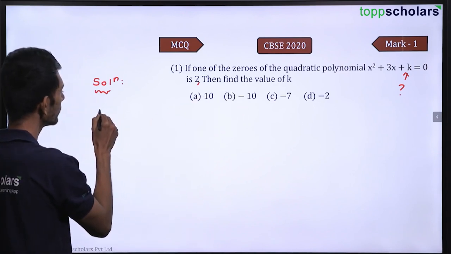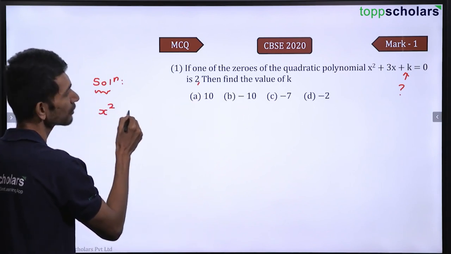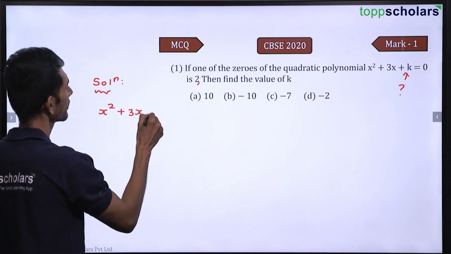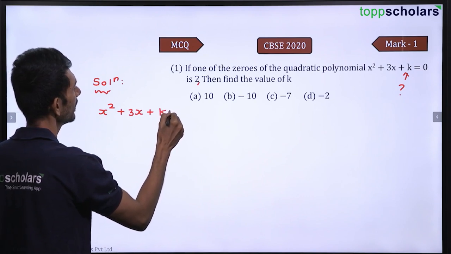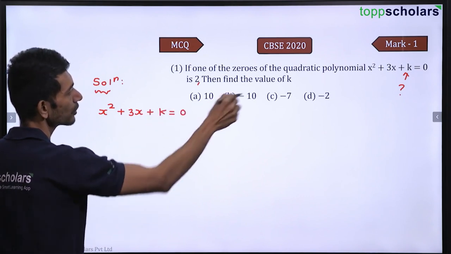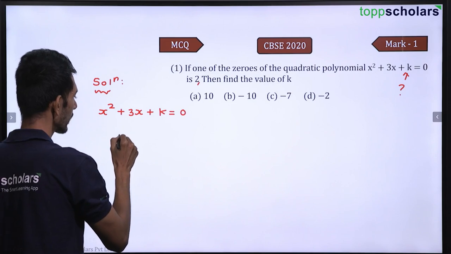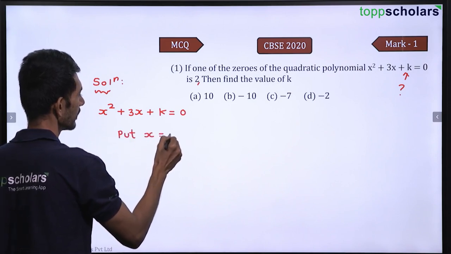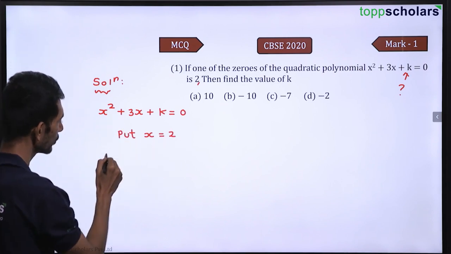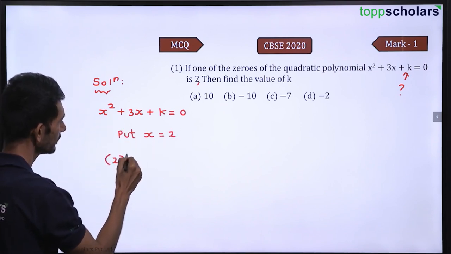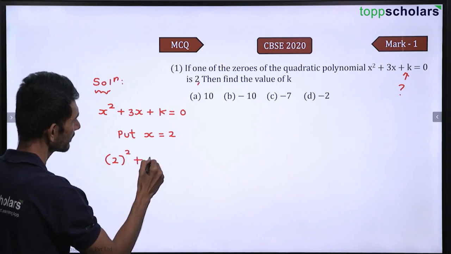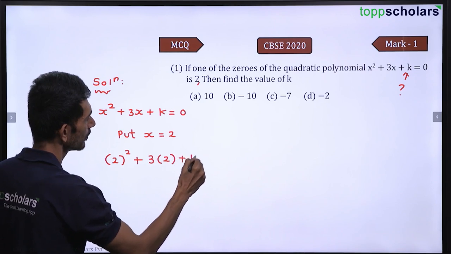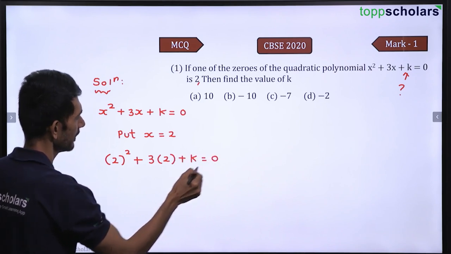So here you have x square plus 3x plus k is equal to 0. We are going to put x equal to 2 here. So you get 2 square plus 3 into 2 plus k is equal to 0.